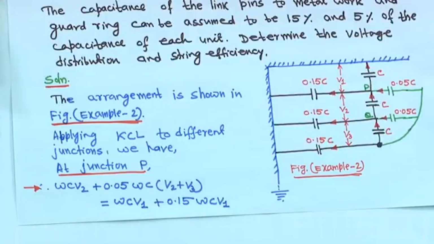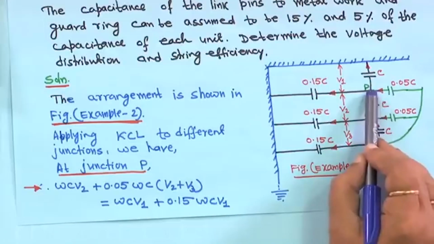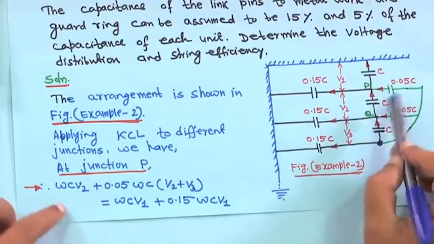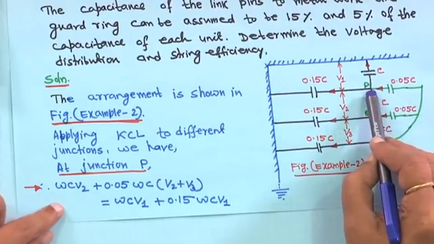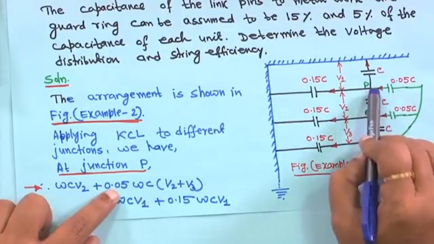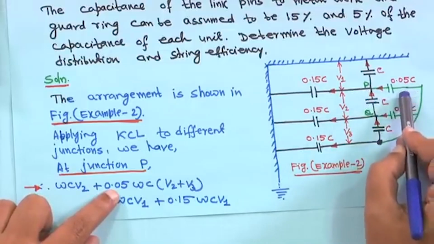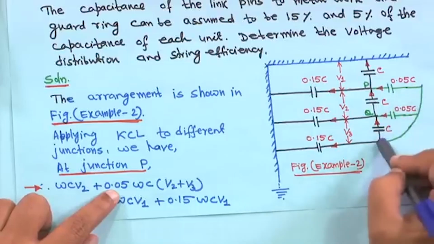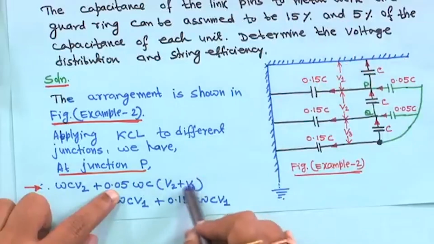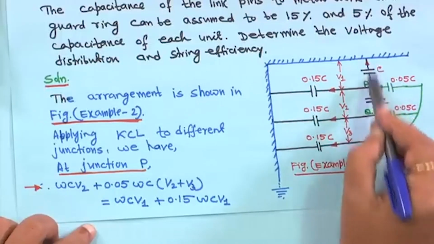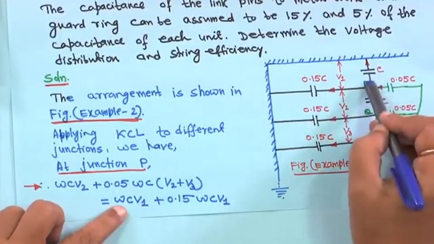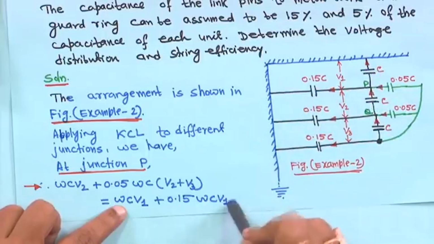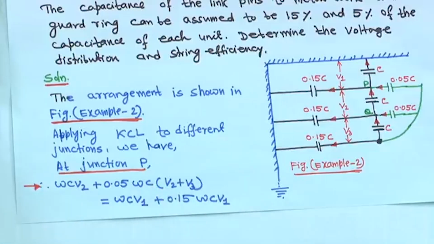I repeat once again, you apply KCL at point P. This current, omega C V2, is entering at this point, plus this current 0.05 omega C times (V2 plus V3) is also entering, because from this point to this point, the voltage across the grading capacitance is V2 plus V3. These two currents are equal to the currents leaving, omega C V1 in the arrow direction plus 0.15 omega C V1. So, this is at junction P.